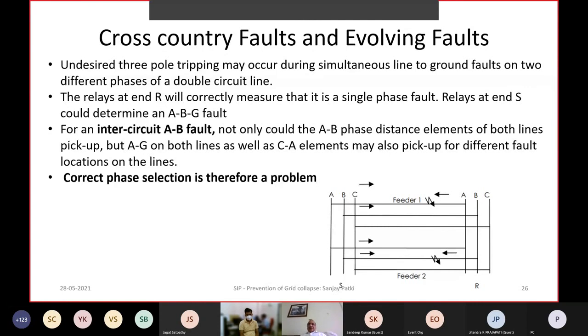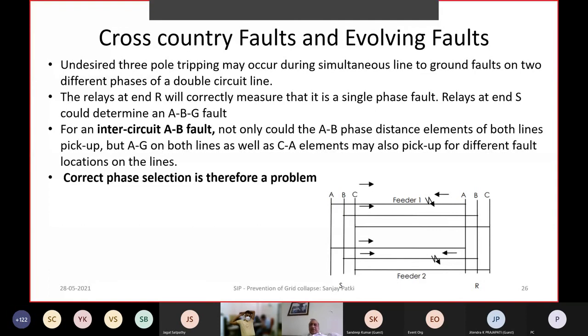So then the relay algorithm sort of gets confused. While it is processing an A phase to ground fault, suddenly the B phase fault has happened. In that case, sometimes there can be undesirable measurement and the relay may mal-operate.